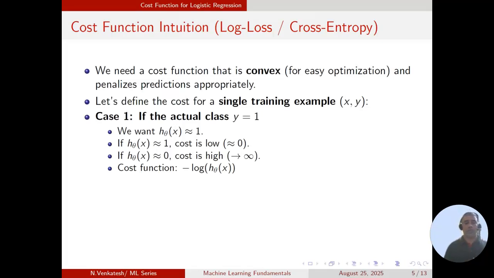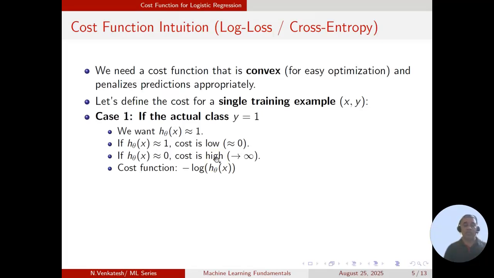Suppose the actual class that the given instance x belongs to is class 1, and we want the hypothesis also to produce probability near to 1. If it gives near to 1, then the cost should be low, that is, the error should be low. Similarly, suppose if it gives a probability near to 0, then the cost should be high, something like infinity.